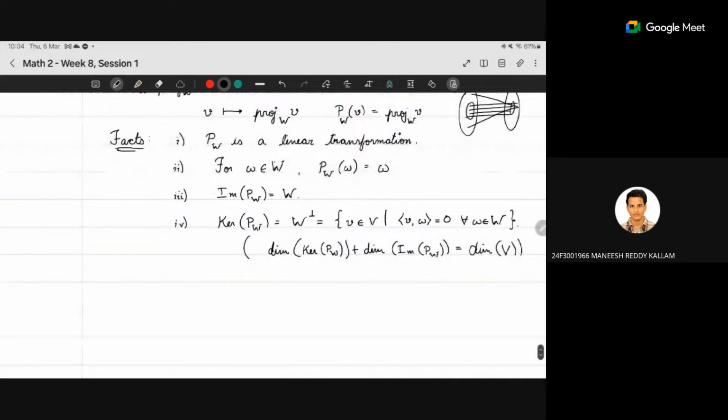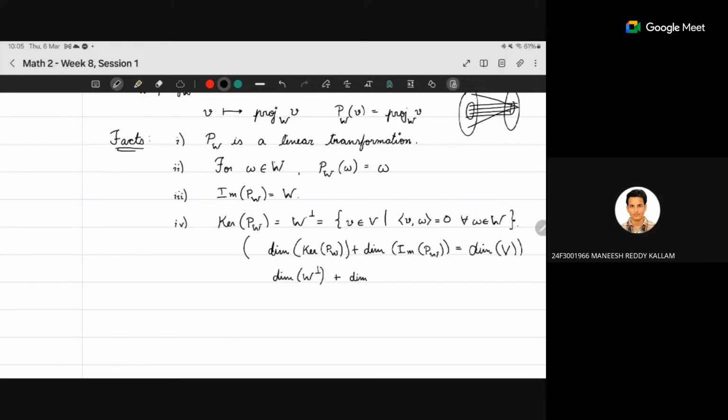So what does the rank nullity theorem for the linear transformation say? Dimension of kernel plus dimension of image is equal to dimension of the domain. But what is the kernel of PW? As you have seen, that is W perp.